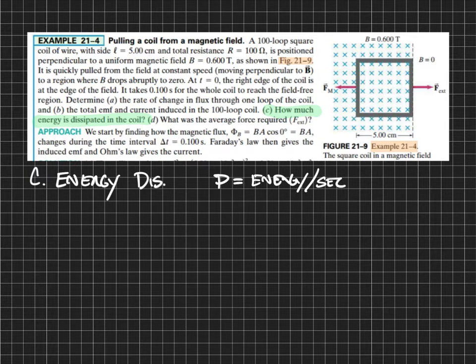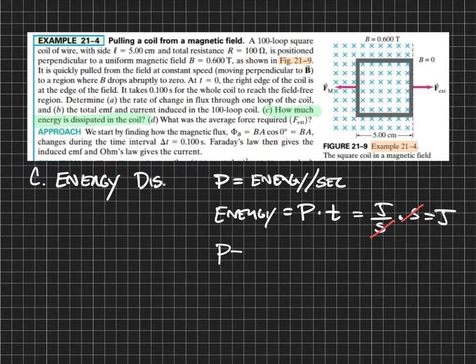So we can say that our energy is going to be our power times the time it took to be produced, because that's joules per second multiplied by seconds, and so my resulting units would just be joules, because seconds would obviously cancel out.